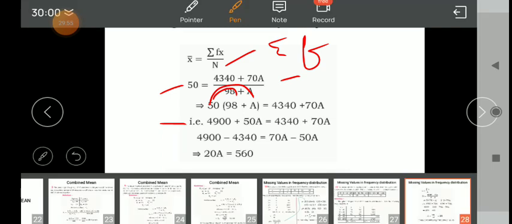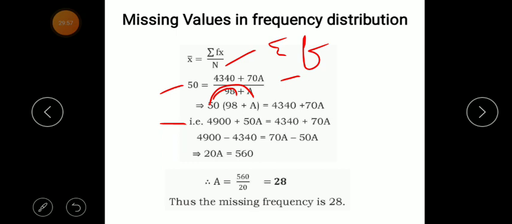equal to 4340 plus 70a. Now all a at one side I'm putting. This is the bigger a, so I am sending this here. So 70a minus 50a, since plus 50a becomes minus 50a, then 4900 minus 4340.